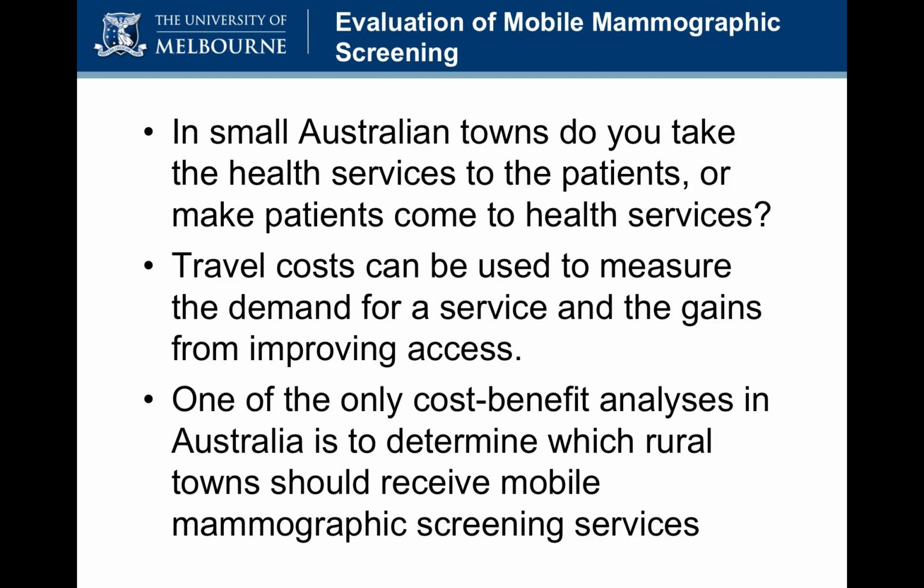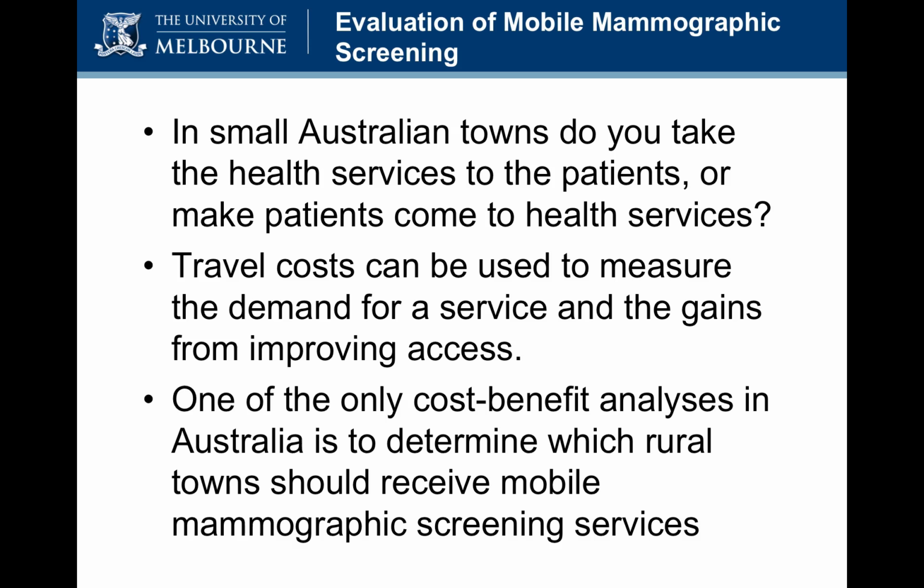So just to take one practical example, there are relatively few examples of cost-benefit analysis, although there has been a considerable amount of work to try and value health outcomes in monetary terms. Here's an Australian example where I looked at valuing access to mammographic screening units, which provide breast cancer screening in rural areas of Australia.